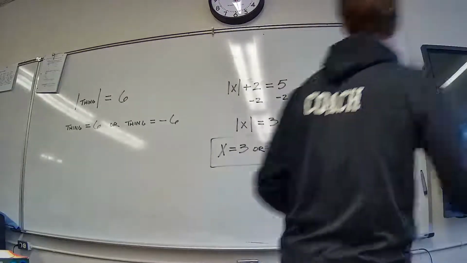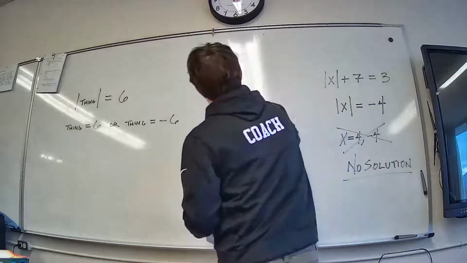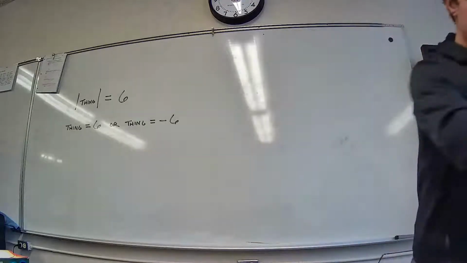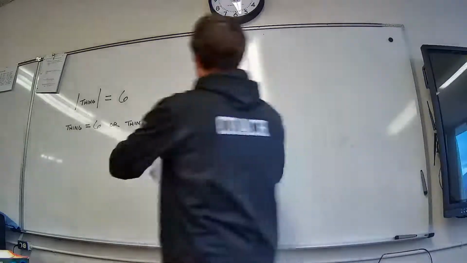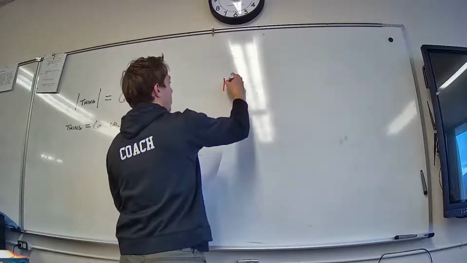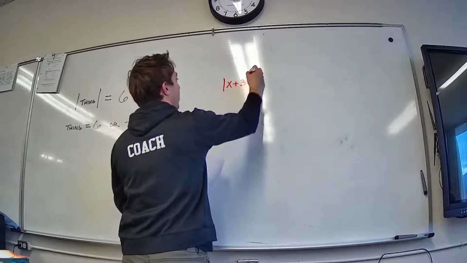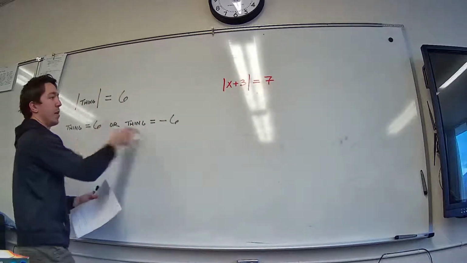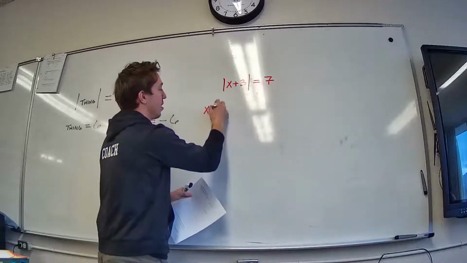So, for C, what you got to do is go, well, if the absolute value of x plus 3 is 7, what are my two options? 7 and -7.